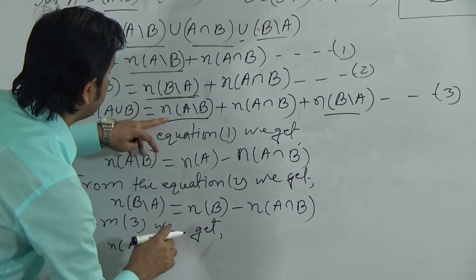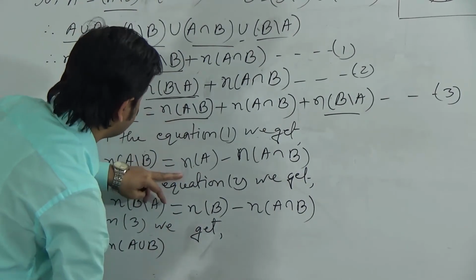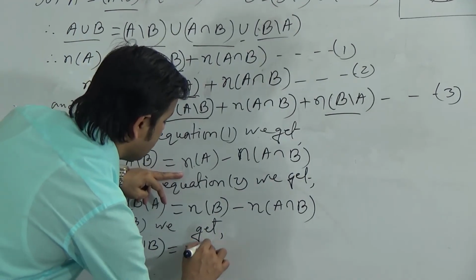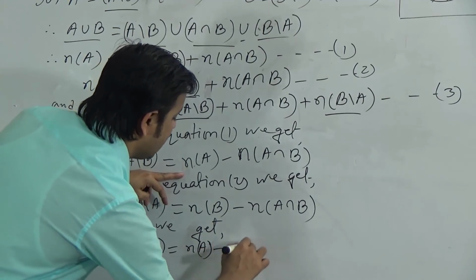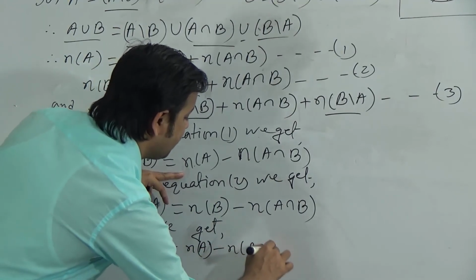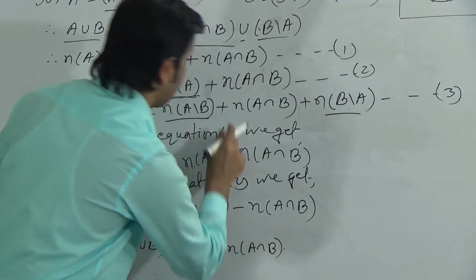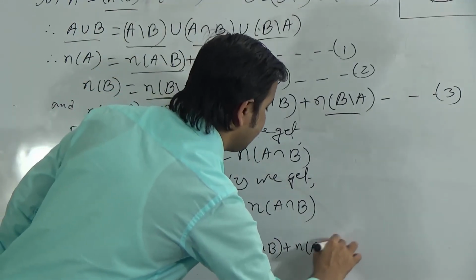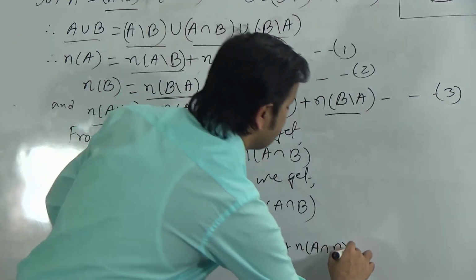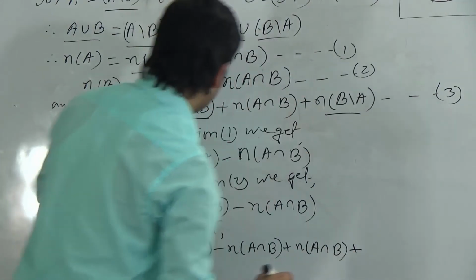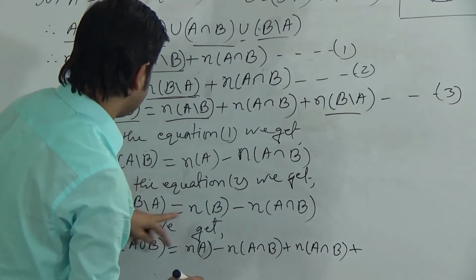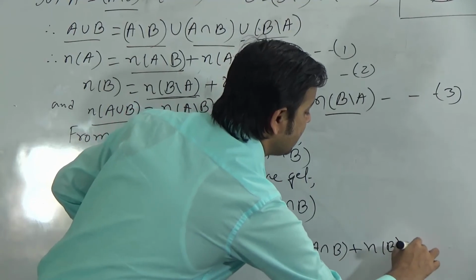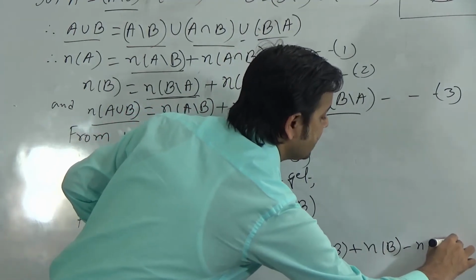Number of elements of A delete B means here is given number of elements of A minus number of elements of A intersection B. Here is plus number of elements of A intersection B, and then here is plus again B delete A, which I have determined here, number of elements of B minus number of elements of A intersection B.